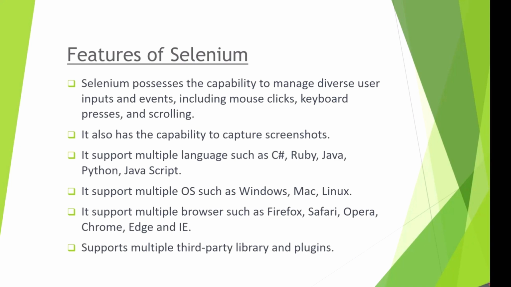It supports multiple languages such as C#, Ruby, Java, Python, JavaScript, and it supports multiple operating systems like Windows, Mac, Linux, and it gives you flexibility to execute your test case on different browsers such as Firefox, Safari, Opera, Chrome, Edge, and Internet Explorer. And the last one is it supports multiple third-party libraries and plugins. That makes Selenium very popular.